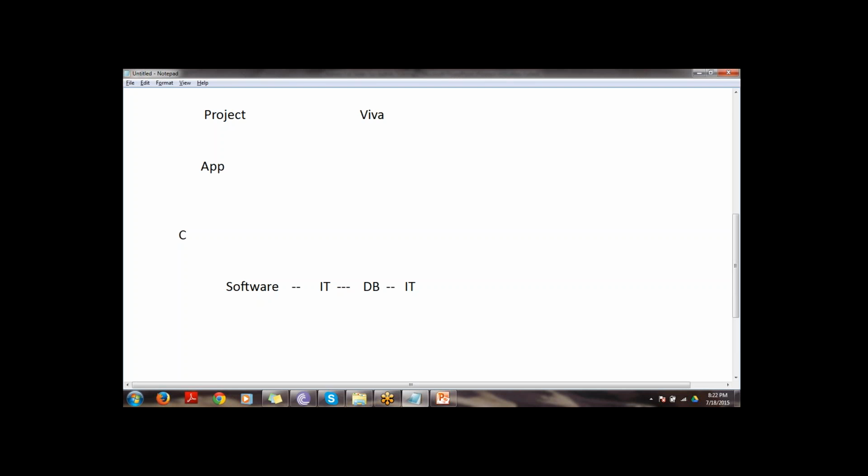So, guys, if you want to implement the C application, first of all you need to install the software into our local system. To install that software, we need an IT team. Am I right? So you need to pay the salaries to your IT team. Then what about the database? To store the data, again you need to purchase the database license.